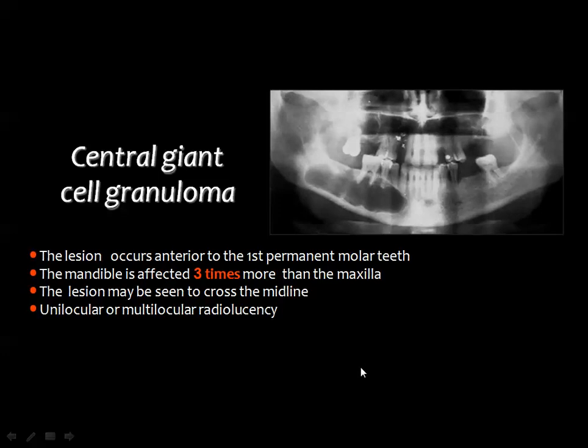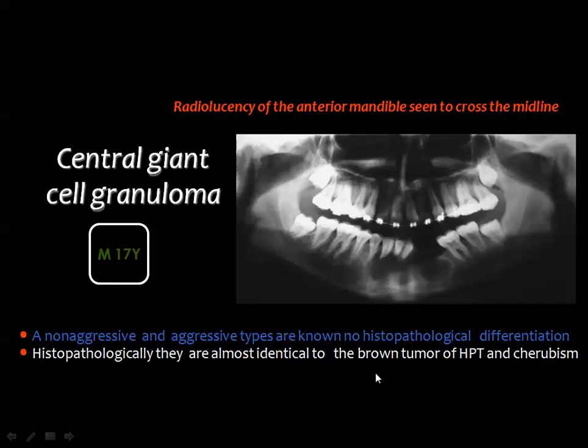The lesion occurs usually anterior to the first permanent molar tooth, and it can be unilocular and can be multilocular. And here you see the lesion with 2 main histopathologic types, the aggressive one and the non-aggressive one.